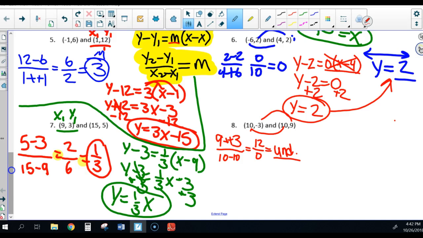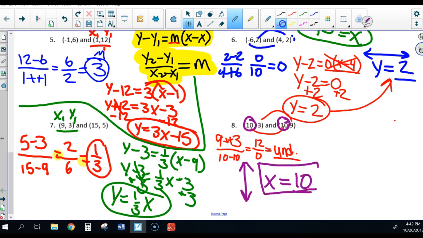From your notes, we know undefined is a vertical line, straight up and straight down, with the equation x equals blank. Just a number, x equals some number. That number happens to be the x value from the two ordered pairs, which is 10. So the equation here is x equals 10.